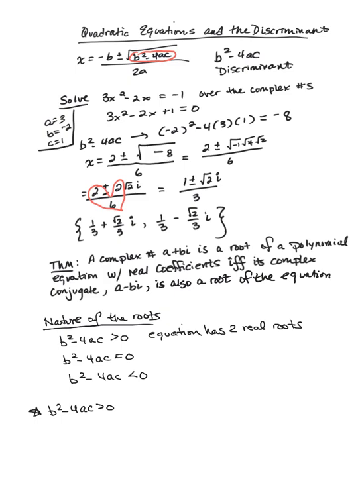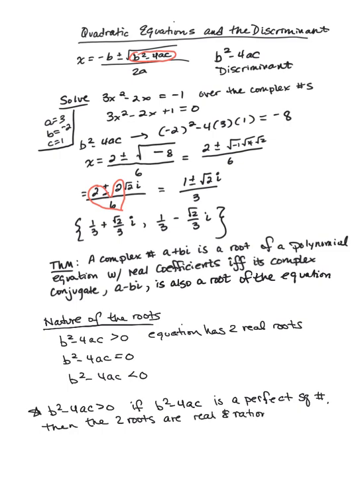Okay, I want to add to this. If b squared minus 4ac is a perfect square, not equal to 0, obviously, because it's already greater than 0, then the two roots are real and rational. Okay?